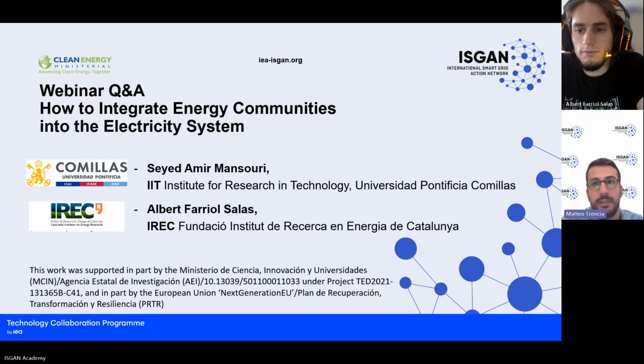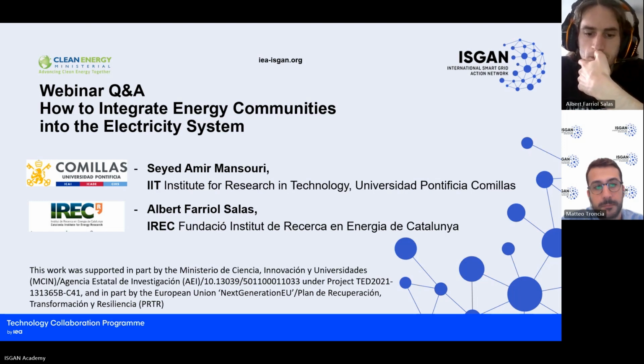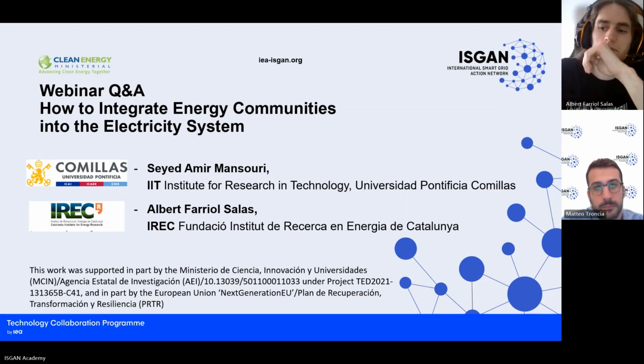Okay, thank you. And for the case of Amir's model, how are bidding prices considered? Are they parameters or variables? In my model, they are variables. Actually, we had 4 different models. In 2 of them they are variables and in 2 of them they are parameters.